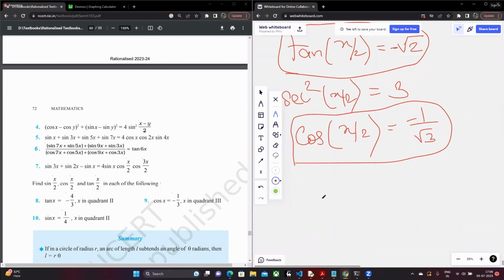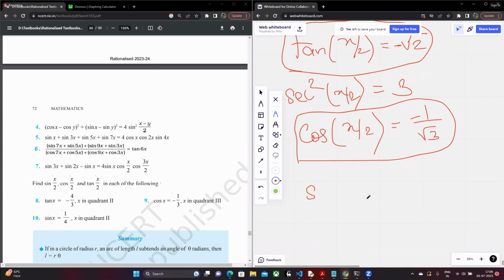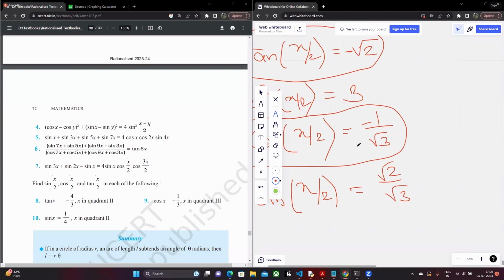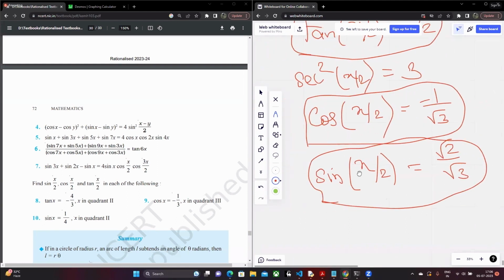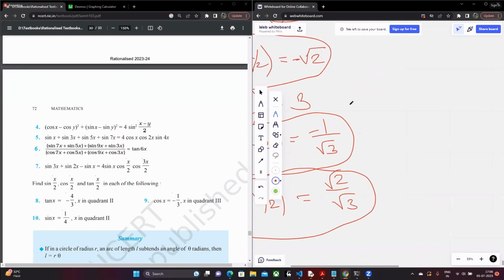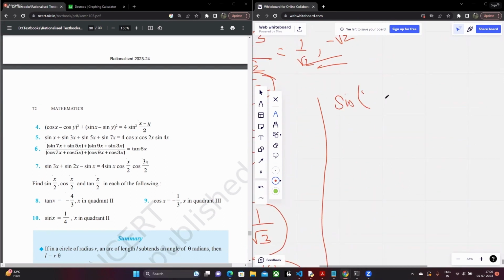Therefore, sine of x by 2 is going to be tan x by 2 into cos x by 2. That is going to be square root 2 by square root 3. Therefore, I'll write the three expressions here. Sine of x by 2 is equal to square root of 2 by 3.